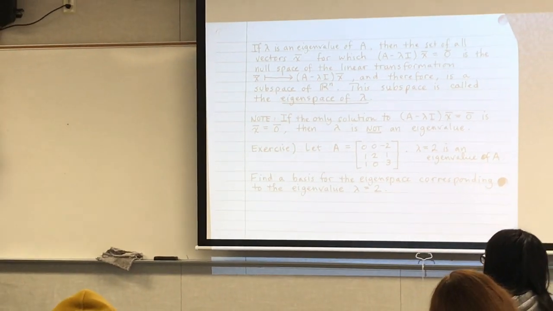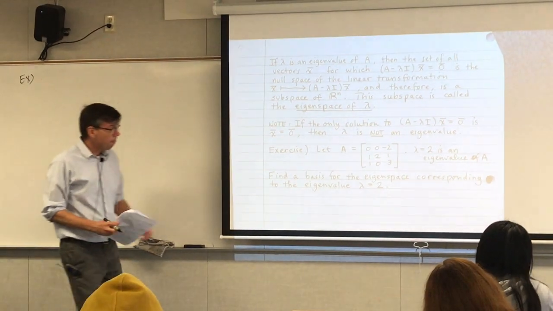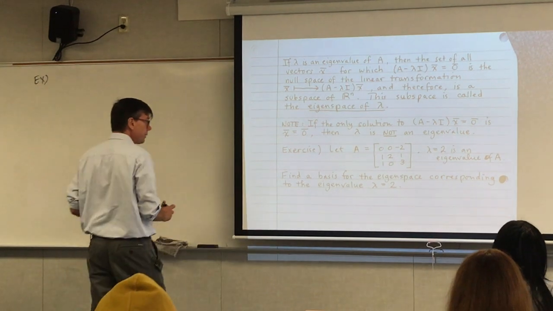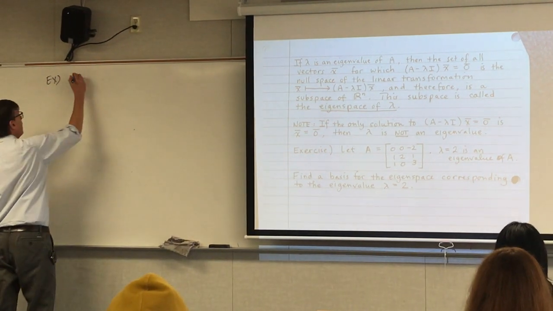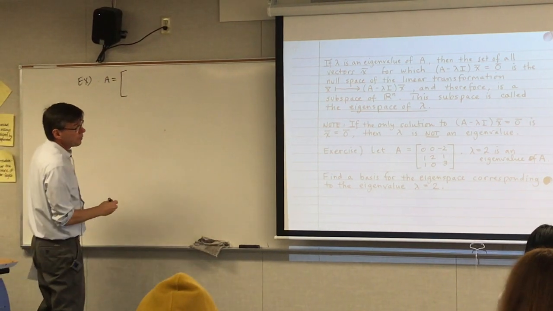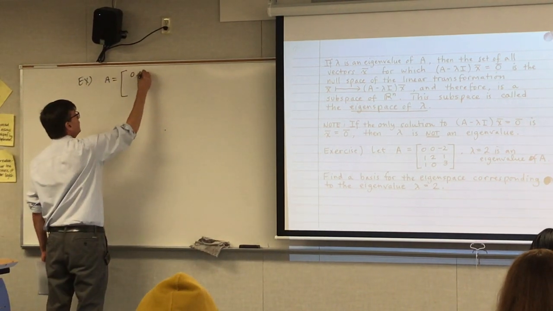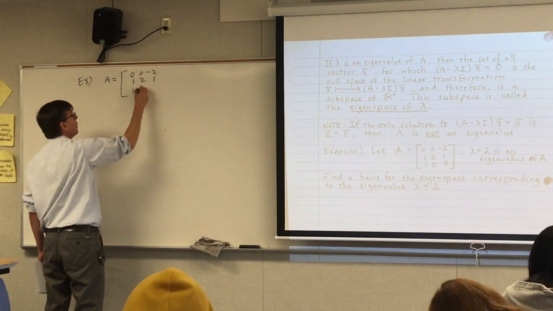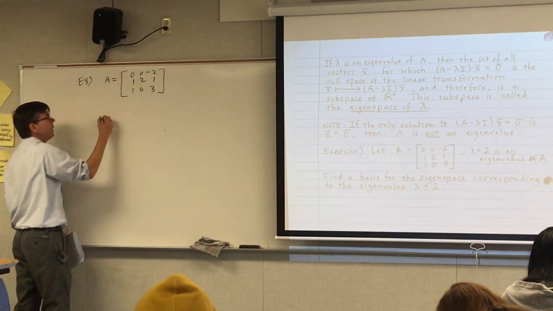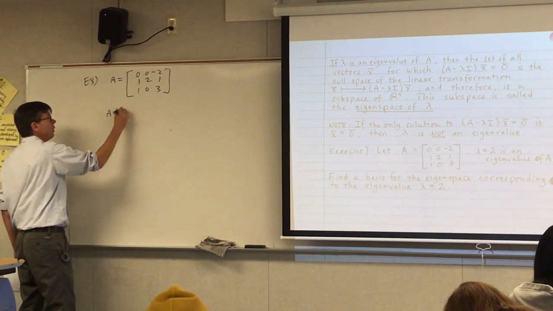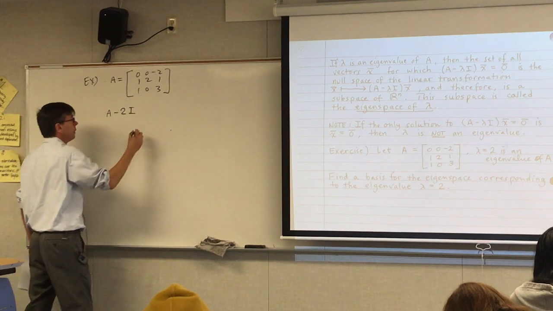On this exercise, I'm giving you a particular value for the eigenvalue. I'll write down A first: 0, 0, negative 2, 1, 2, 1, 1, 0, 3. Here we're interested in A minus 2I.